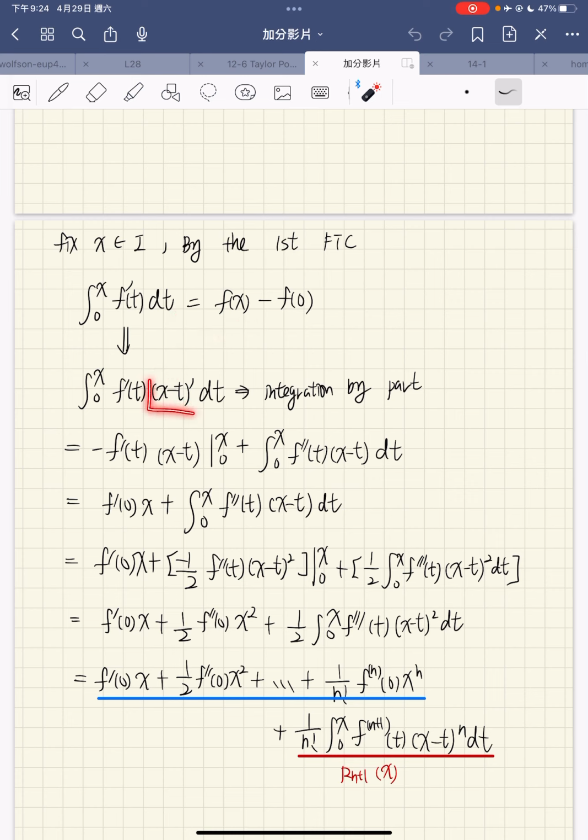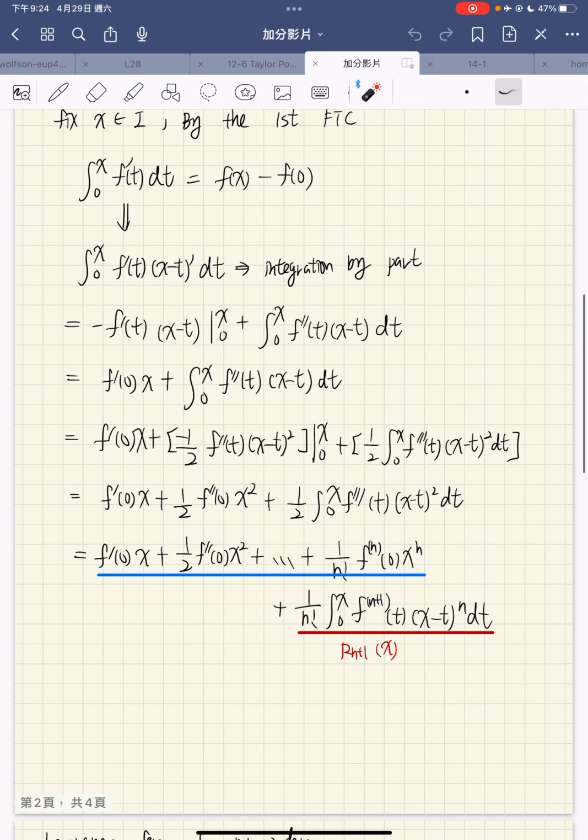Now we integrate this part and differentiate this part, so we can use integration by parts to get this function. And we can substitute t with x in this function, so we get this, just like this.